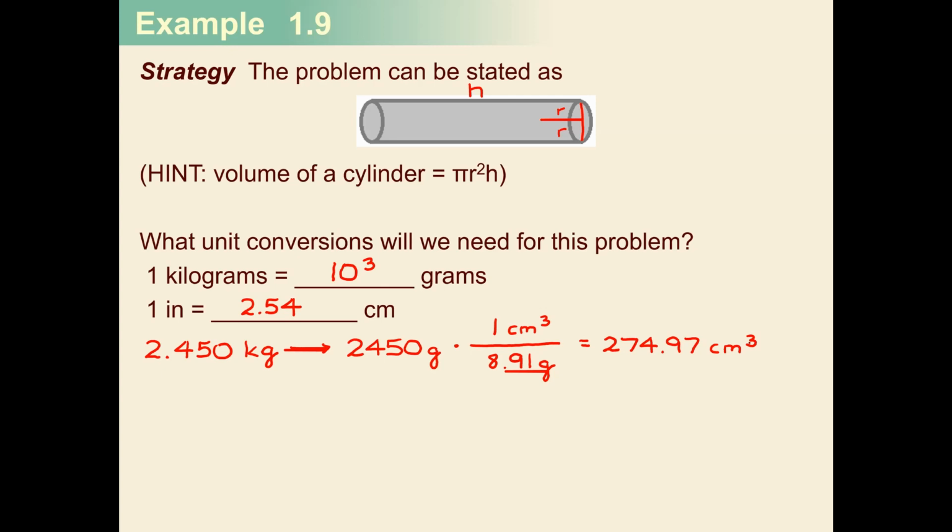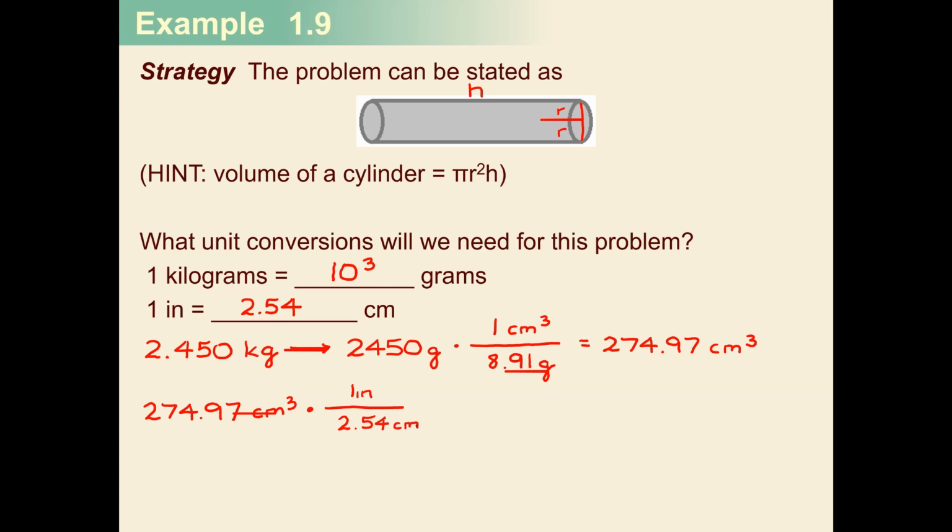So now I need to take my cubic centimeters and convert them to cubic inches, which is also a volume. So how do I do that? I would take my 274.97 cubic centimeters and multiply this by our unit conversion. So I need to go to inches, and that is 2.54 centimeters.